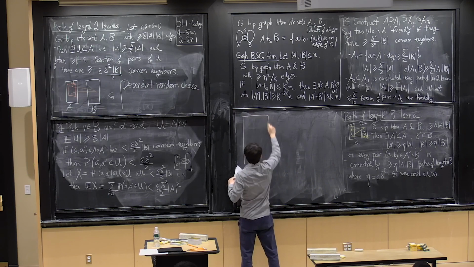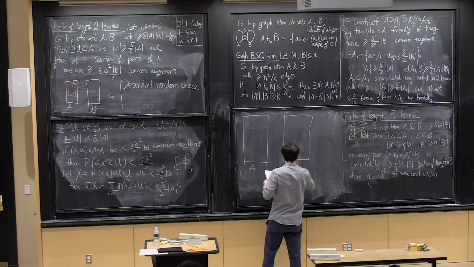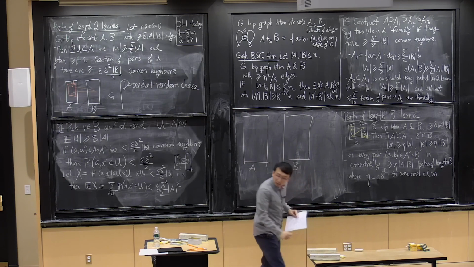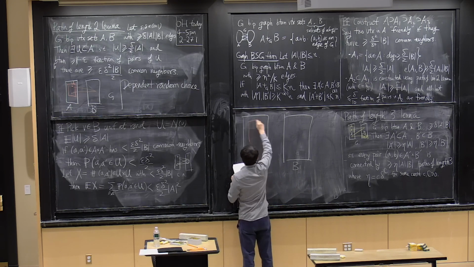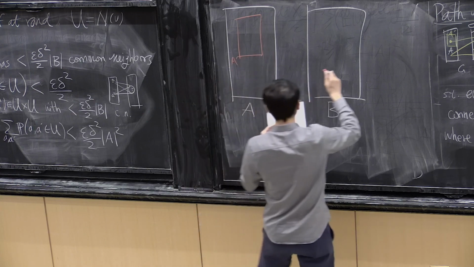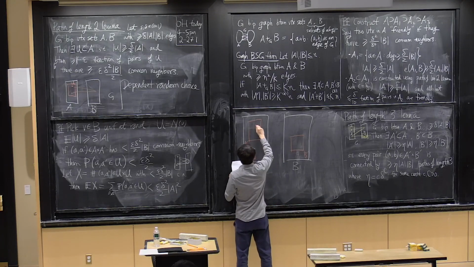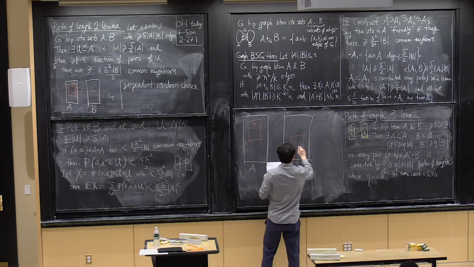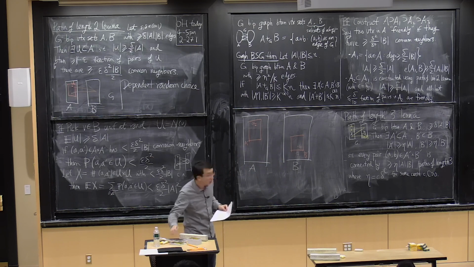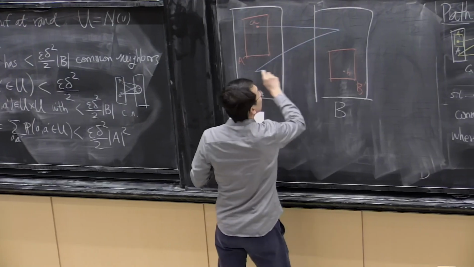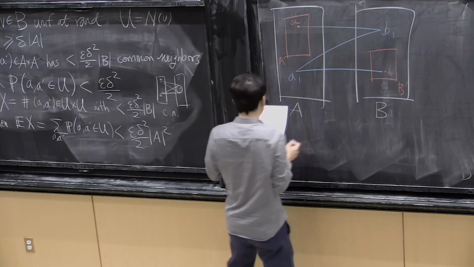So we have A and B, and inside A and B we have these fairly large A prime and B prime, such that for every little a and little b, there are many paths like that going to B1 and A1.